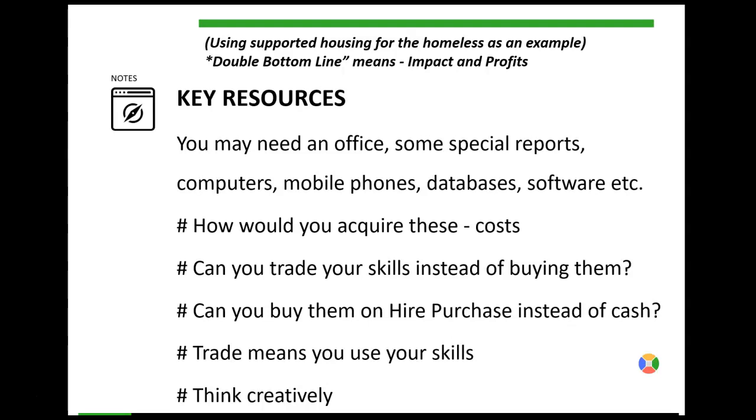So you want to include that there. How would you acquire these in terms of how much they will cost? Remember that we are going to translate those numbers into the income and costs before we look at the difference in section 3. So it's important to start thinking about that.